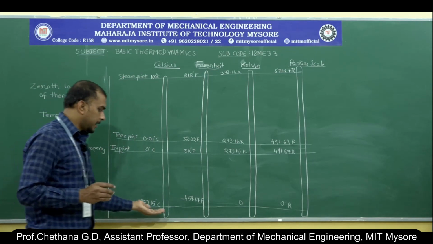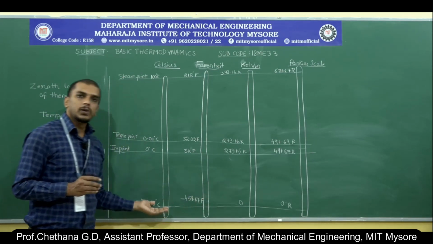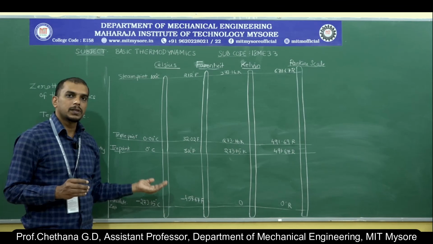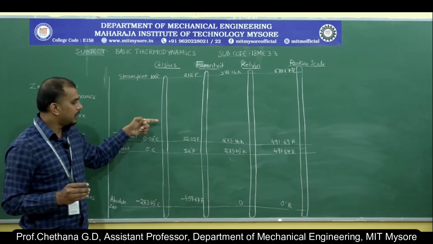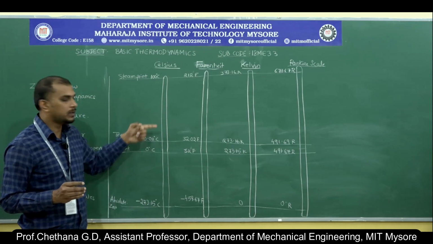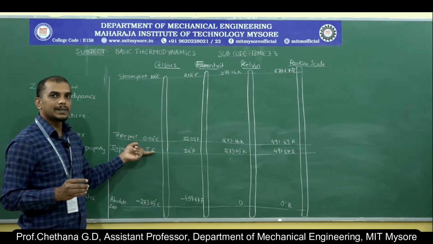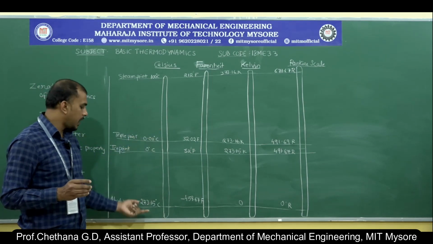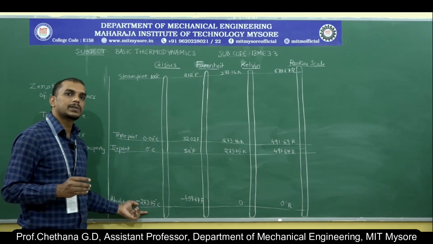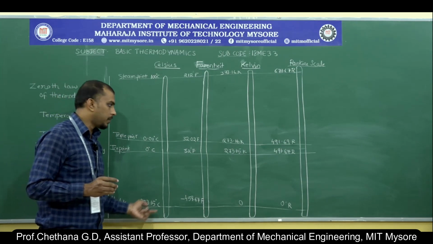Now you come back here. Absolute temperature is the temperature beyond which there are no negative temperatures. In the Celsius scale, if you measure the absolute zero, it reads minus 273.15.